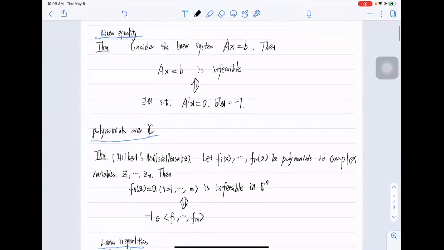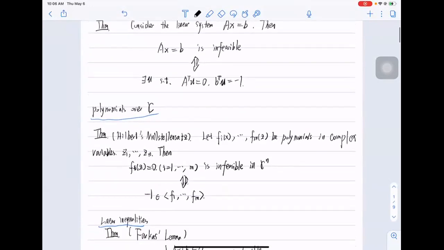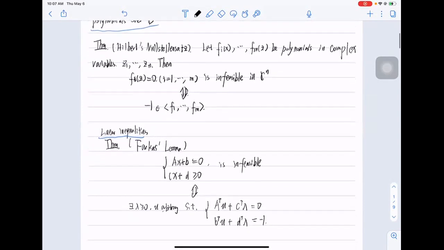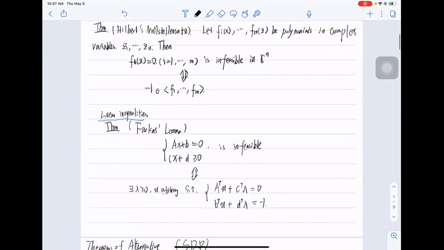So we have polynomials over C. This is called Hilbert's Nullstellensatz, and we also have the linear inequalities version, which is Farkas' lemma, right? Where we have two statements, and exactly one of the statements is true.